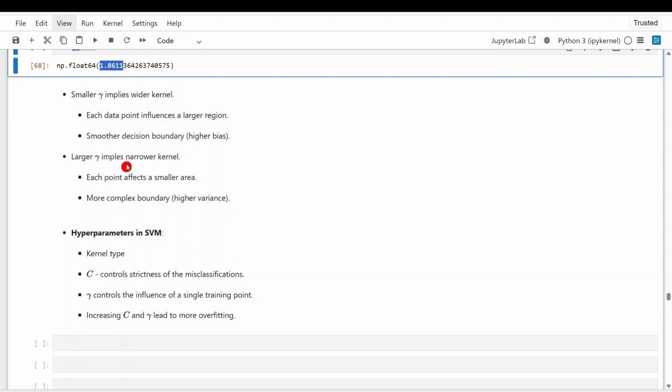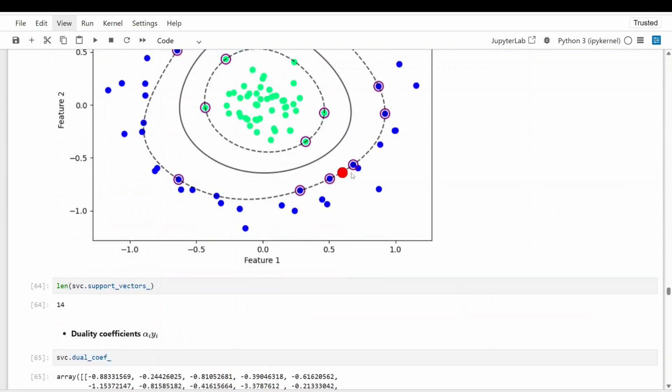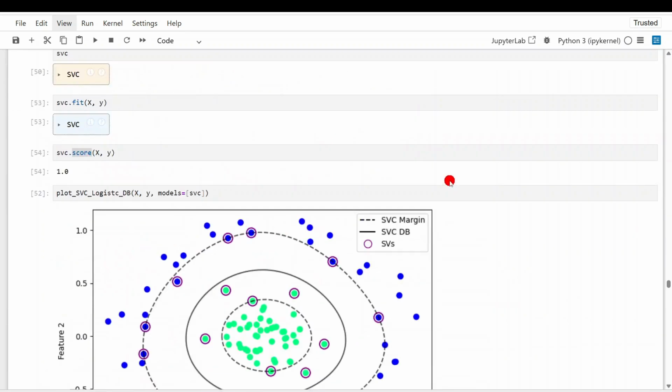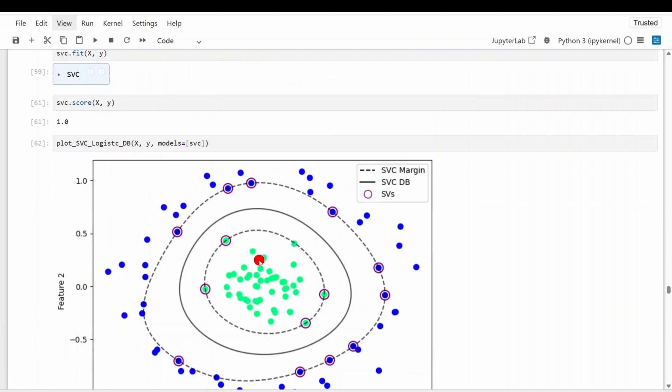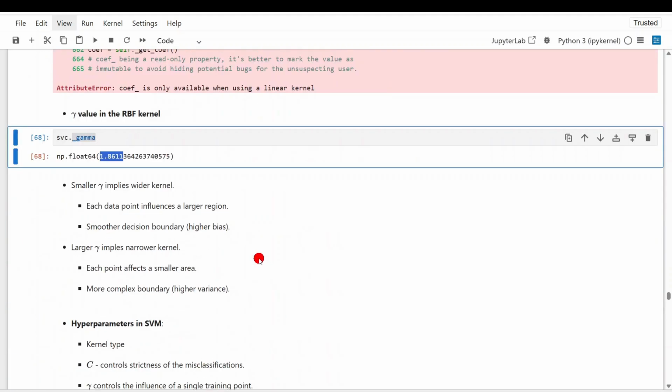On the other hand, if gamma is larger, that implies a narrower kernel. Therefore, each point affects a small area, and in that case the decision boundary becomes more complex. That means it could have higher variability.